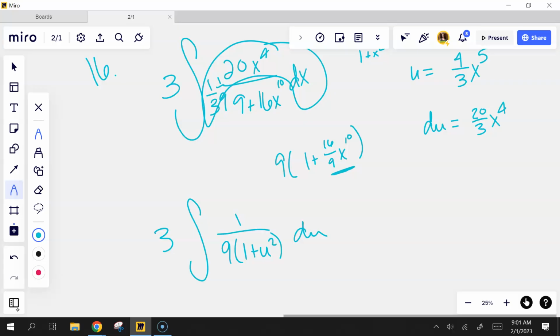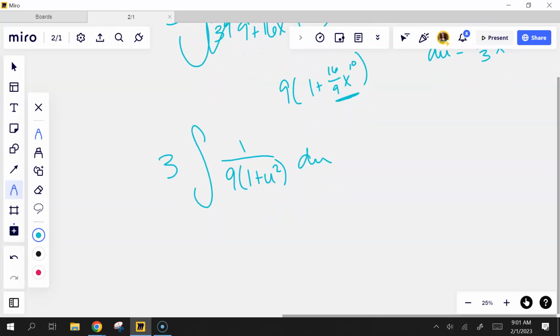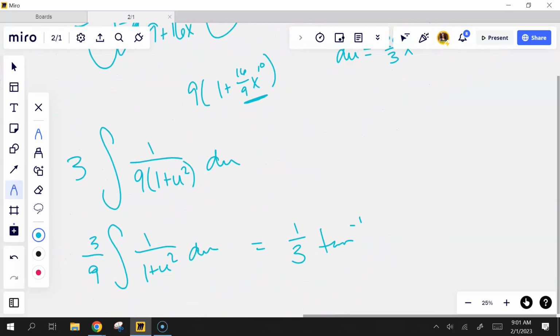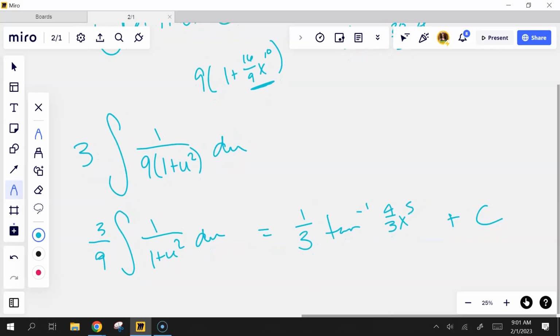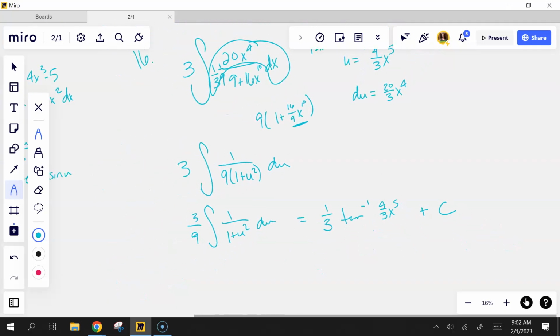You might have one multiple choice that causes you to do some type of manipulation, but I don't even think this difficult of manipulation. But this is like what we were doing yesterday. So it'd be 1/3 inverse tan of u, which is 4/3 x to the 5th. Yes. This one was kind of hard.